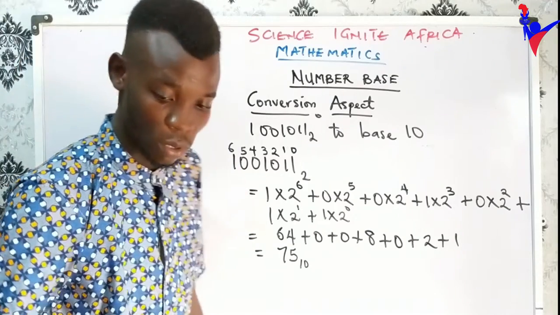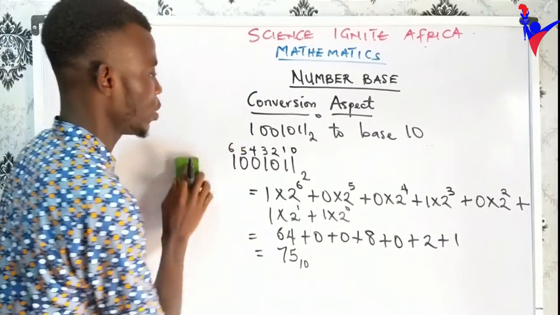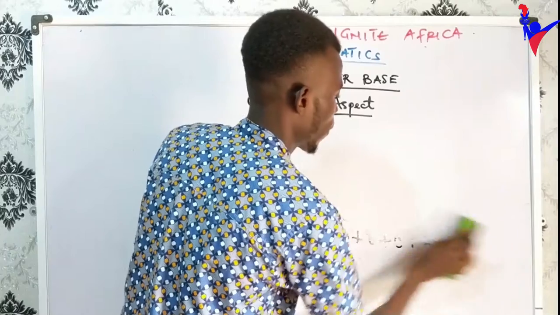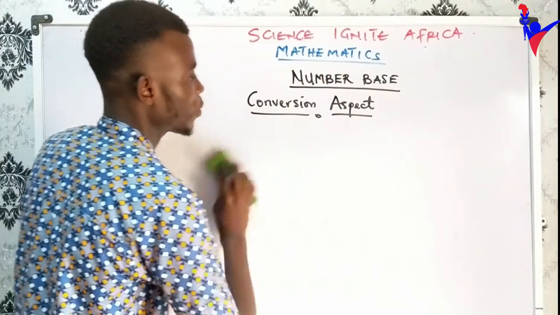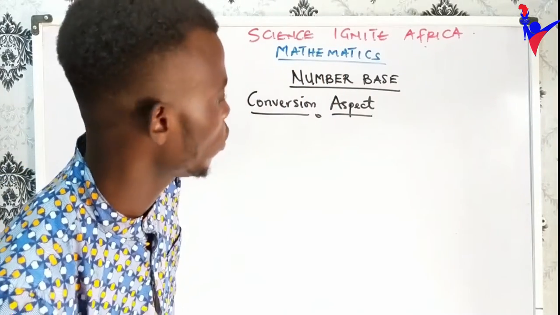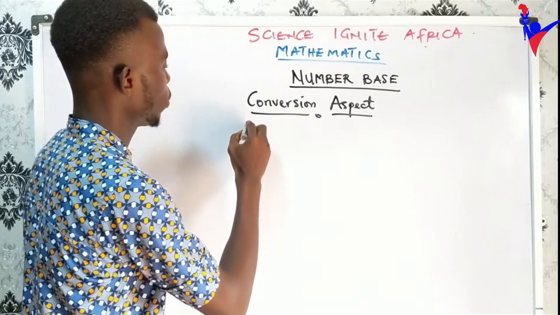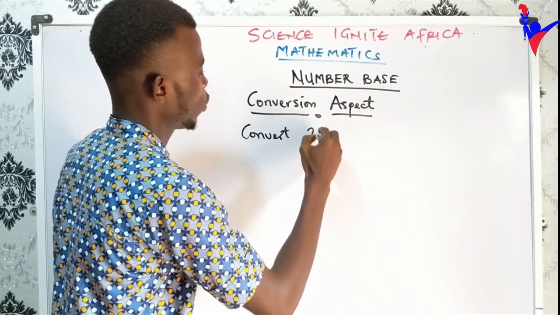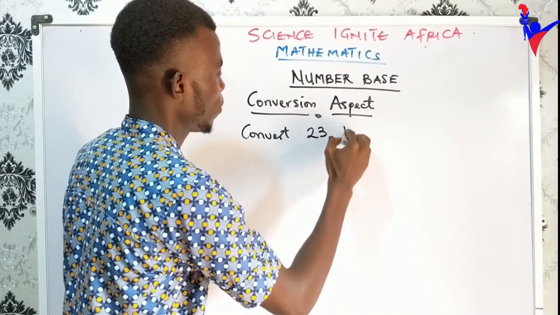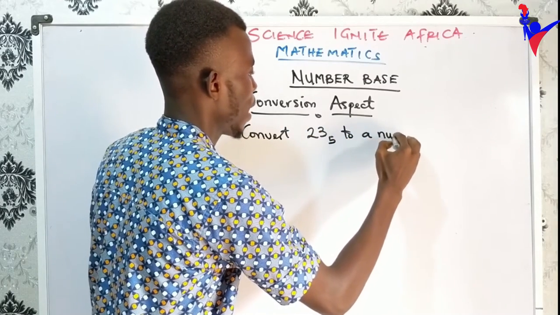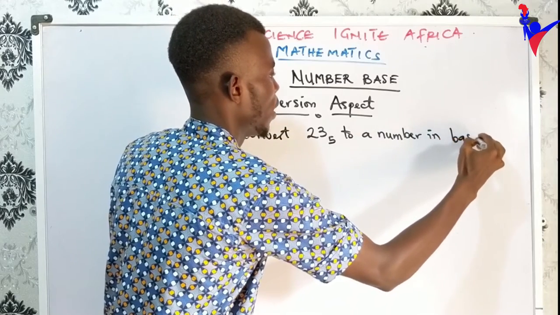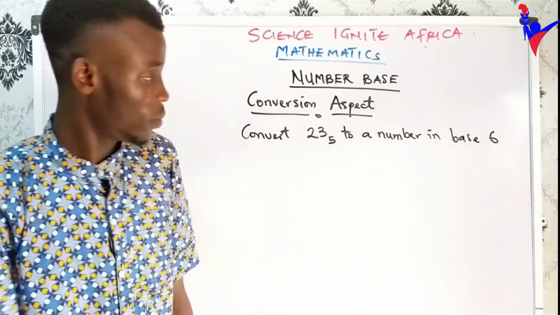Let's have some examples on this aspect before I proceed. You may have a scenario where you are told to convert 23 base 5 to a number in base 6.